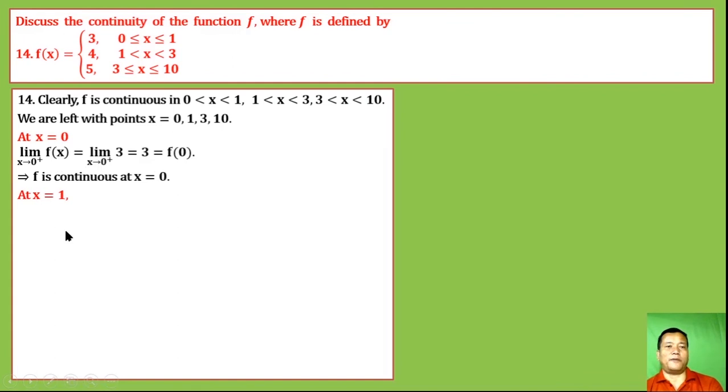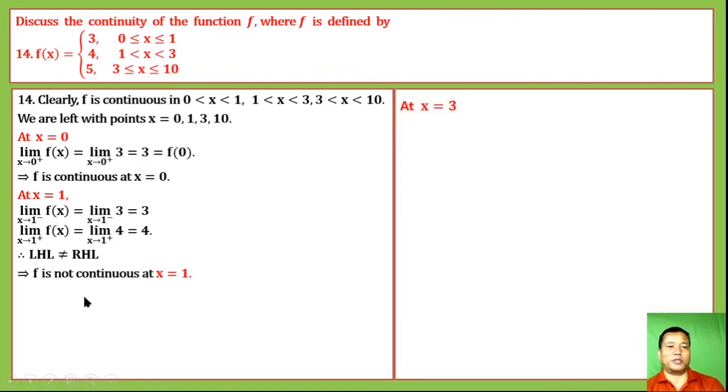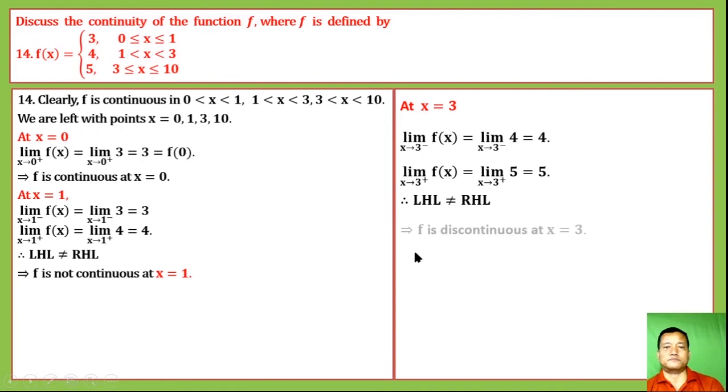At 1, the left hand limit at 1 is 3 and the right hand limit at 1 is 4, therefore left hand limit does not equal right hand limit, which implies f is not continuous at 1. At 3, left hand limit at 3 is 4 and right hand limit at 3 is 5, which implies f is discontinuous at 3.